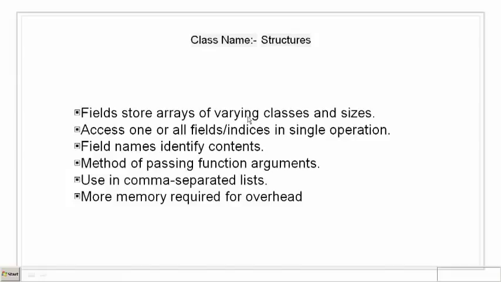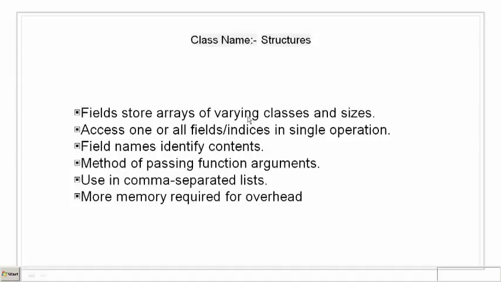Structure class. Structure class can store arrays of various classes and sizes. There is basically no limit in how many kinds of classes it can store or what size of data it can store. It has fields inside the class. So when we access the field of a structure, we are indexing all the data in that field in a single operation. Field names are used to identify the content stored in the structure.